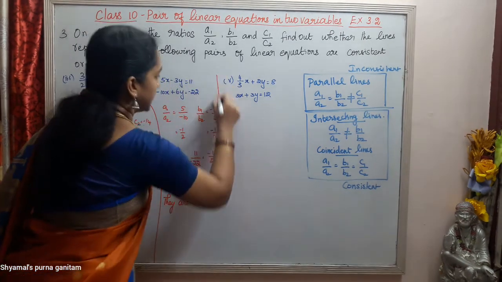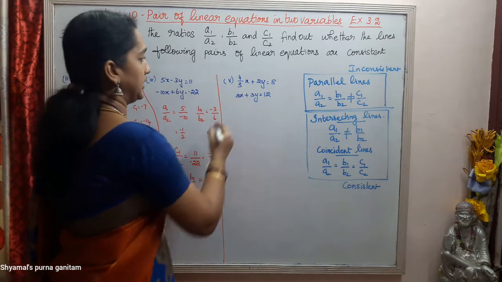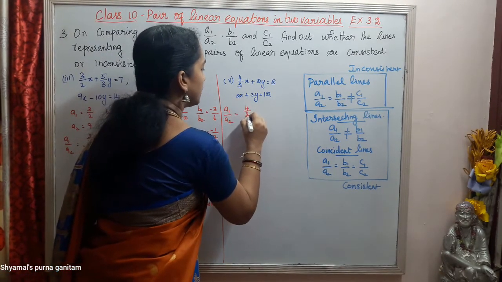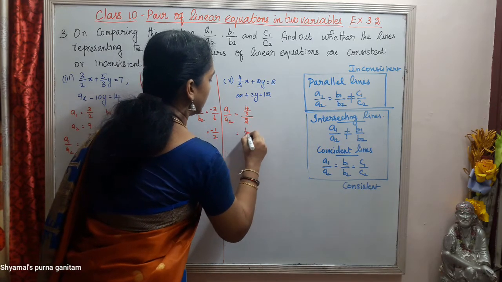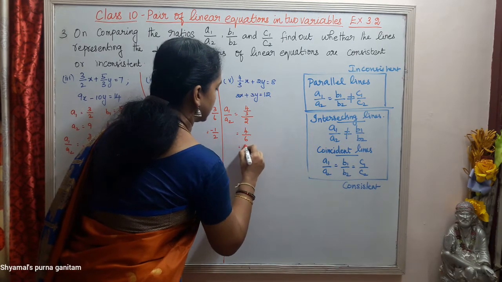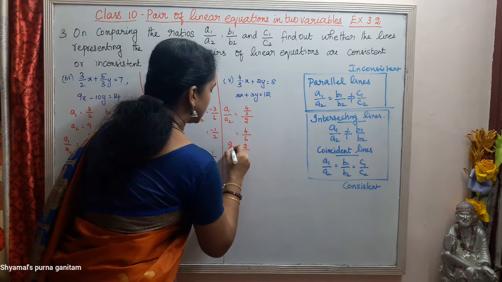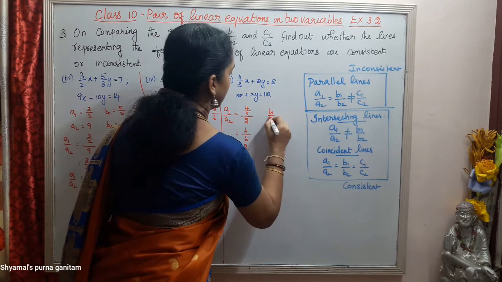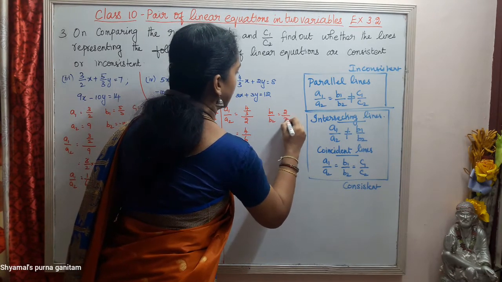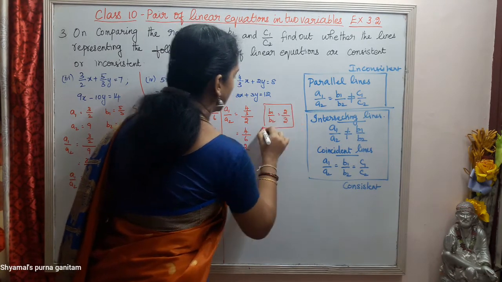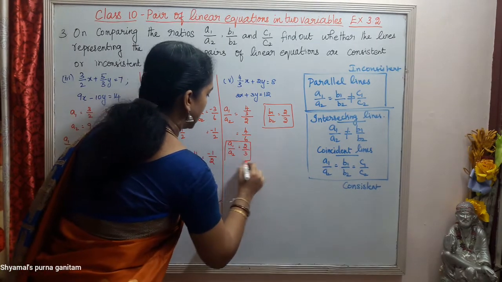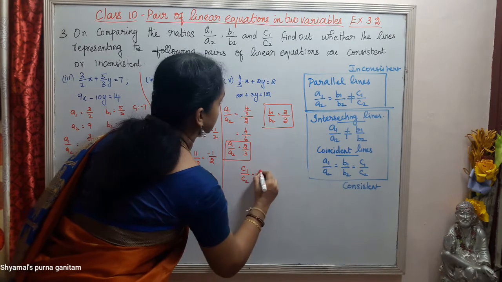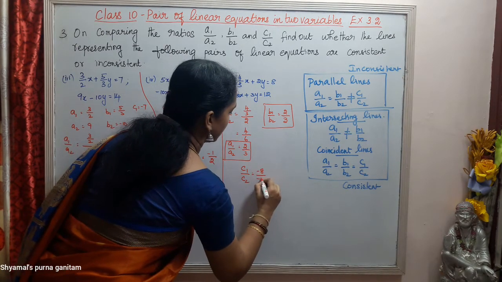Then the last one is A1 by A2 is equal to 4 by 3 by 2, that is equal to 4 by 6, that is equal to 2 by 3. So this is our A1 by A2. Then B1 by B2 is equal to 2 by 3. A1 by A2 is also 2 by 3. And C1 by C2 is equal to minus 8 by minus 12.